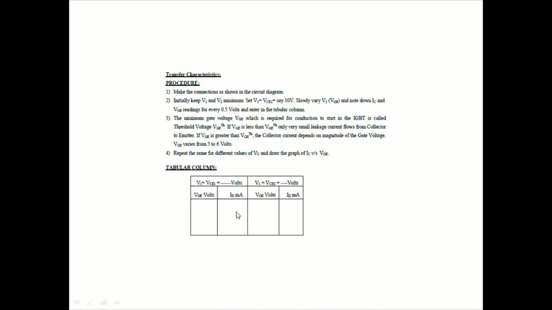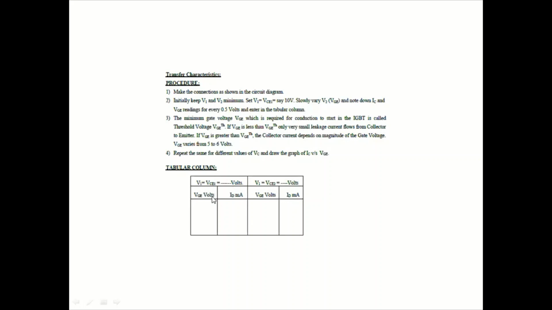If VGE is greater than the threshold voltage, then the collector current purely depends upon the amount of voltage that you have given across the collector to emitter, that is the supply voltage, and also the resistance that you have connected in the circuit.